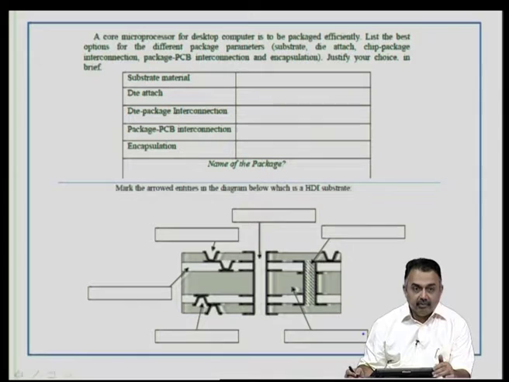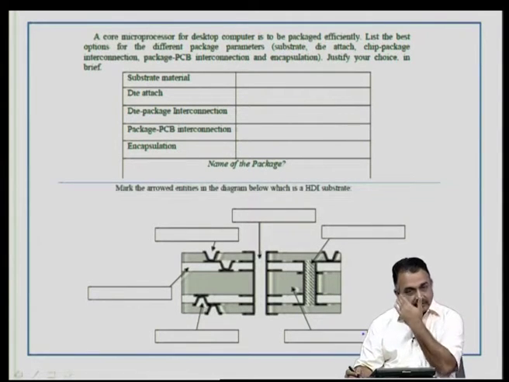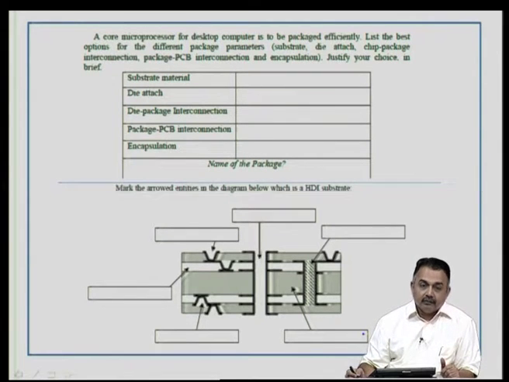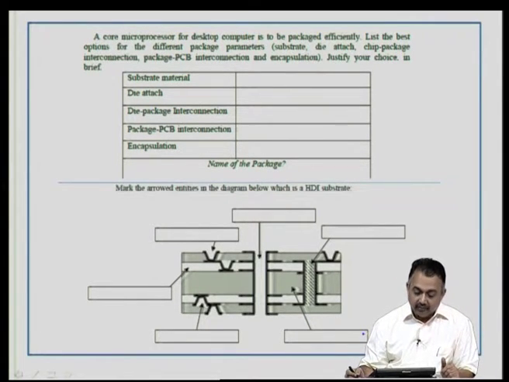List the best options for the different package parameters in terms of substrate, die attach type, chip to package interconnection, package to PCB interconnection, and the type of encapsulation that you would like to have. Justify your choice in brief. So, if you are given such a situation to design the package materials for a core microprocessor, then what will you choose? What is your choice going to be?